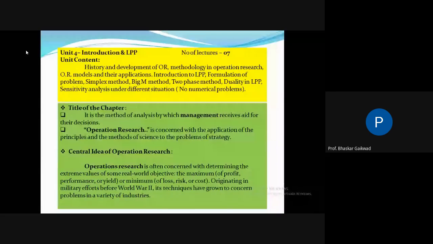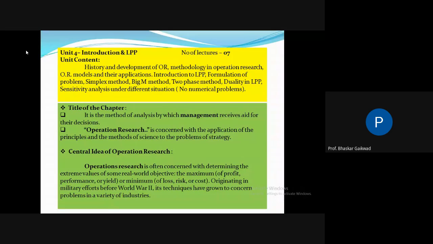Now, the central idea of operations research. Operations research is often concerned with determining the extreme value of some real world objectives: maximum of profit, performance, and yield, or minimum of loss, risk, and cost.